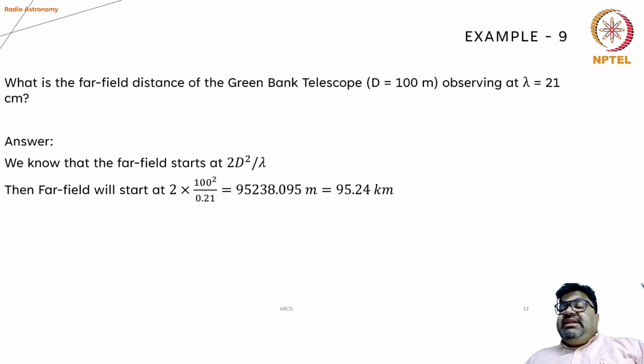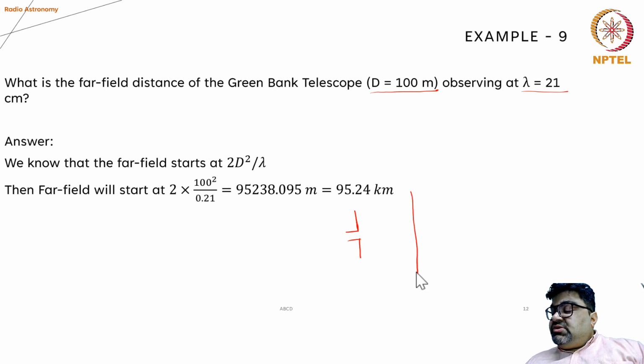What is the far field distance of the Green Bank telescope? Green Bank telescope has a diameter of 100 meters, and if you're observing at 21 centimeter lambda, then we know that when you have a radiating dipole, we have 3 different zones.